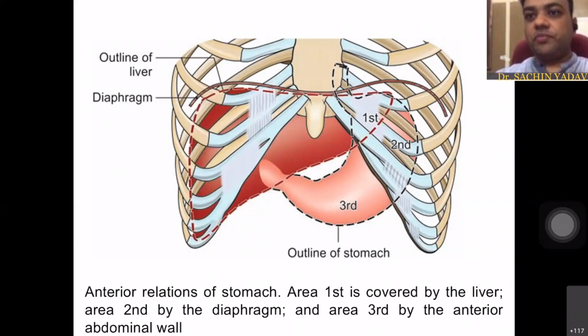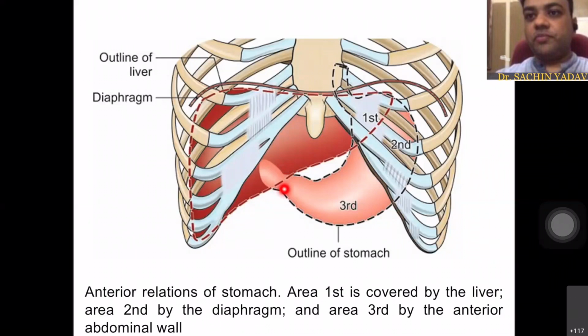So guys, just remember how you will identify the upper and the lower end of the stomach. The duodenum and esophagus have been removed, so we have to feel the lower end of the stomach. Whenever you hold the stomach in your hand, feel both the ends between the fingers.